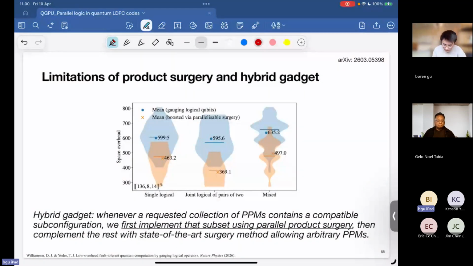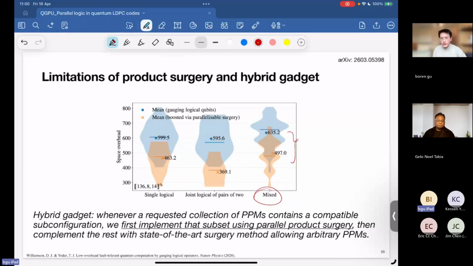And you can see, we still only consider single logical or joint of pair of two. When it is mixed, so all possible cases are being considered, there is almost a 140 space overhead reduction.